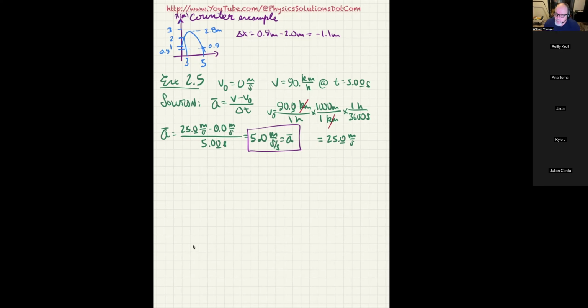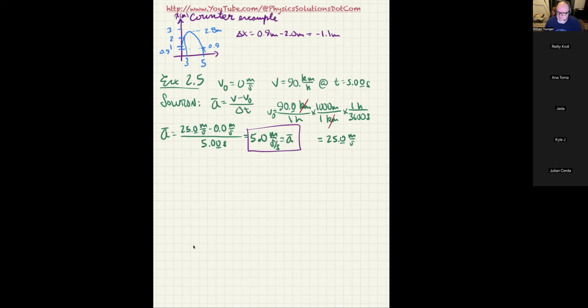But again, I want you guys to think of acceleration as meters per second per second, because for instance, at an acceleration of 5 meters per second per second, that means if it really was a constant acceleration, which cars generally don't have for very long periods of time, not for more than a couple seconds, then at t equals 0 seconds, it would have a velocity of 0.